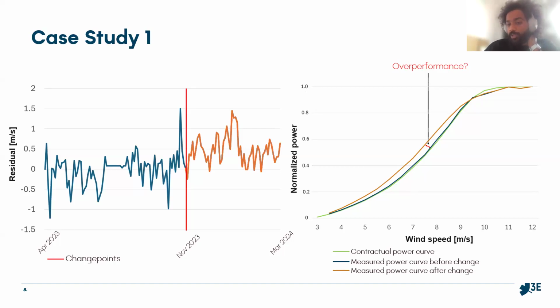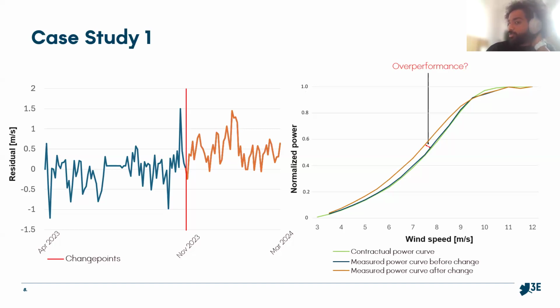And blue here was the power curve before there was some change in the wind speed measurement. And then orange, because the wind speed measurement was wrong, you could see an increase in the power. So it could be misinterpreted as overperformance, but when the customer went and checked, there was some misalignment, because most of the wind turbines we had use a sonic anemometer.